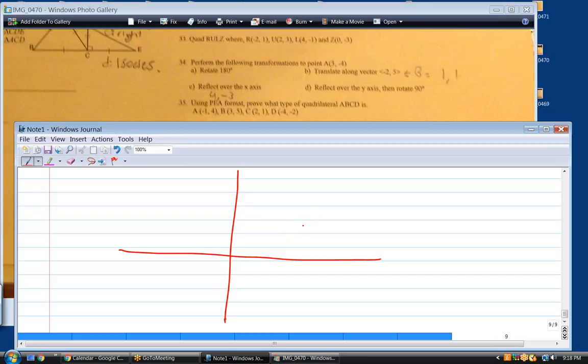Rotate 180 degrees. Let's first of all put our point on here: 3 comma minus 4. The way you rotate these is you connect it to the origin and you rotate the line. In other words, I rotate the line 180 degrees, so the point comes out up there.